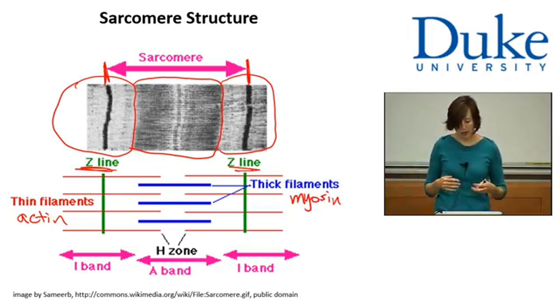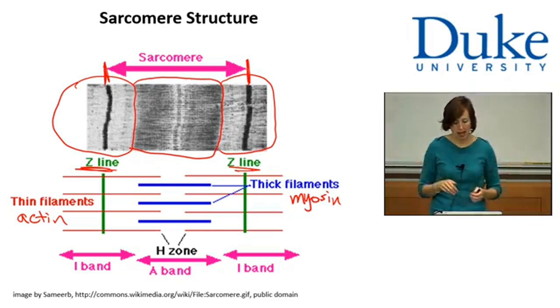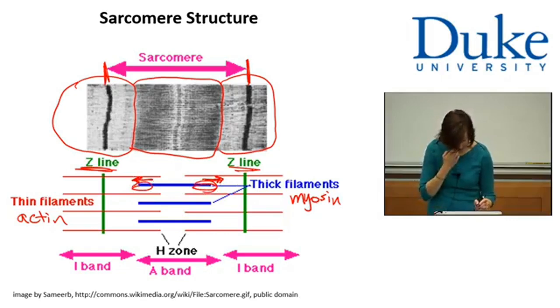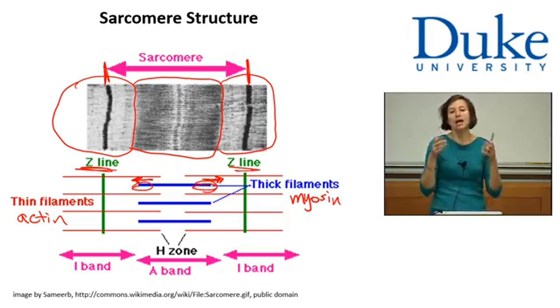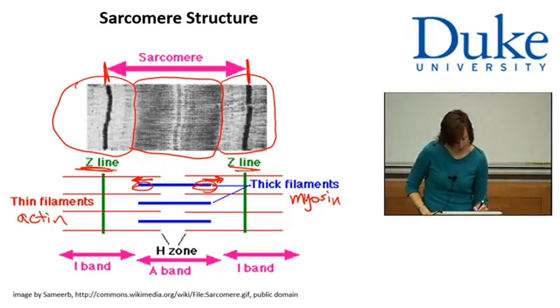The myosin is what has the motor properties, and the myosin is going to walk towards each Z line. So this end of the myosin will walk towards this Z line, and this end of the myosin will walk towards this Z line. Because the myosin filaments are thick, they appear as dark bands, and we call that the A band.